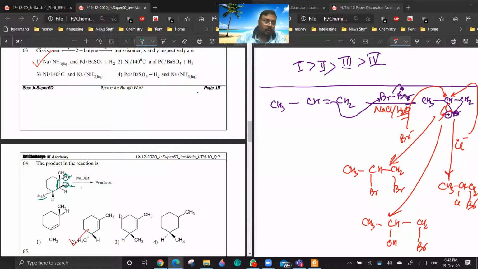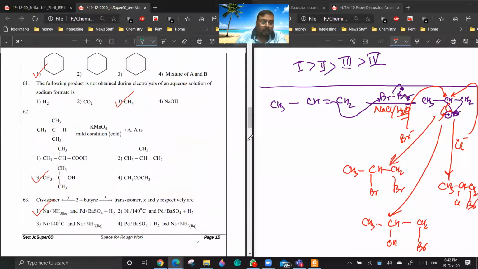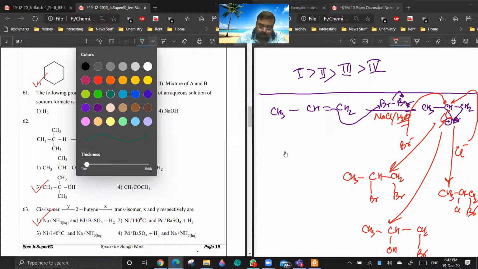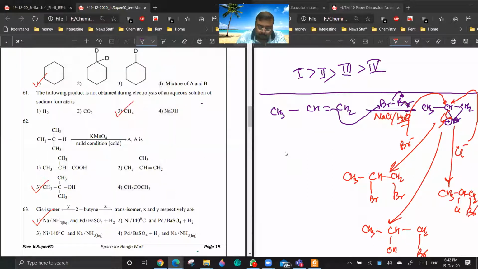Okay. So after that, 62. I think I have discussed 63 in the class, but 62 I have not discussed. 62 is a fact-based thing. Since it is a 3-degree hydrogen, the CH bond energy is less.